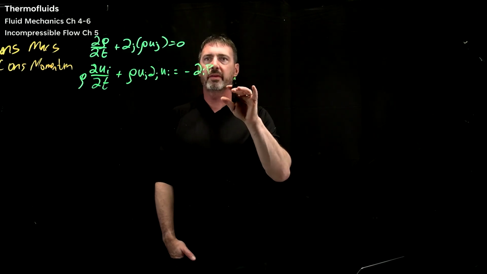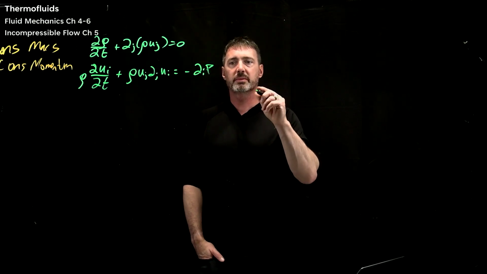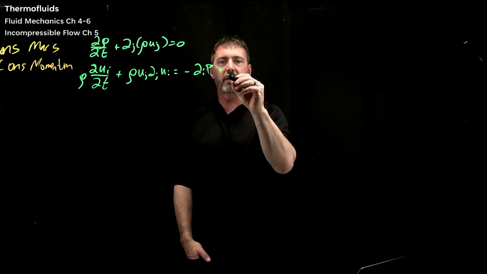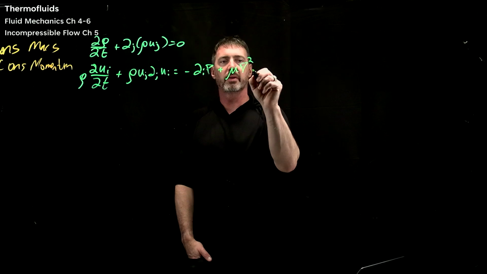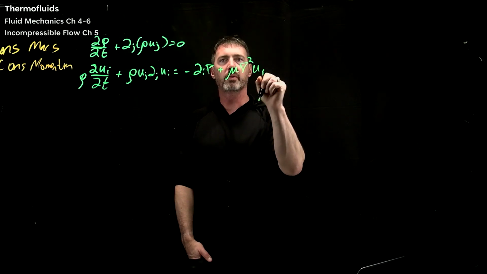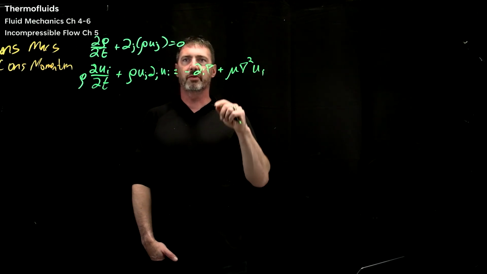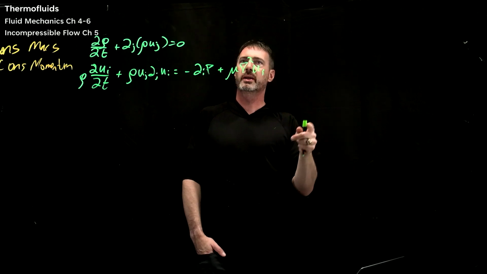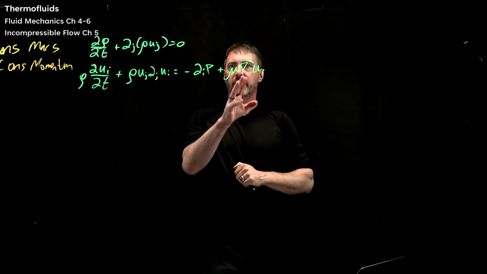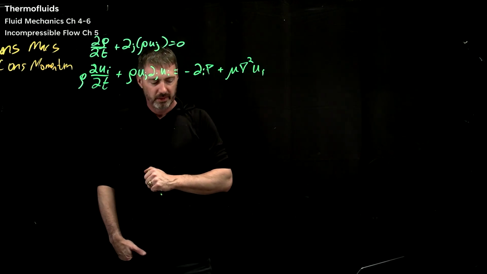I will go ahead and write this one as the incompressible version, so we can stick with U, and I'll use del squared ui. I do like using this form as opposed to a del j, just because it's a nice simple form.